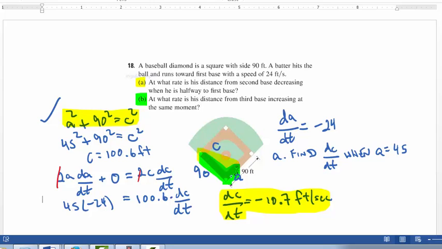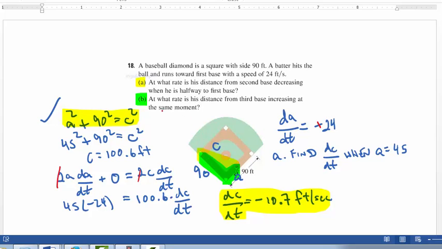So the only way part B changes is now dA/dt, since he's getting further away from home. So that A distance is increasing. This is now going to be a positive 24, right? But otherwise it's identical.